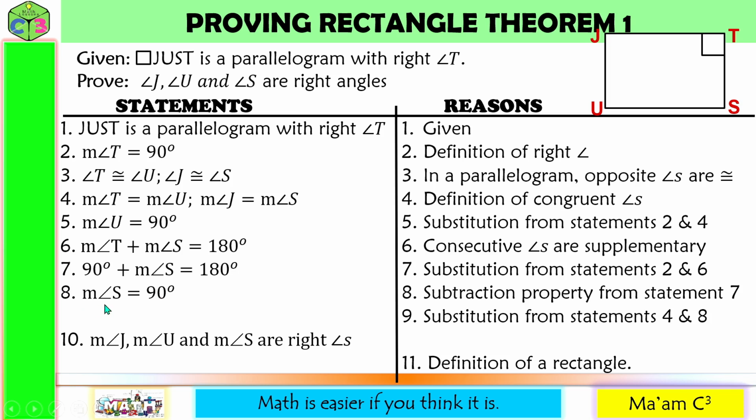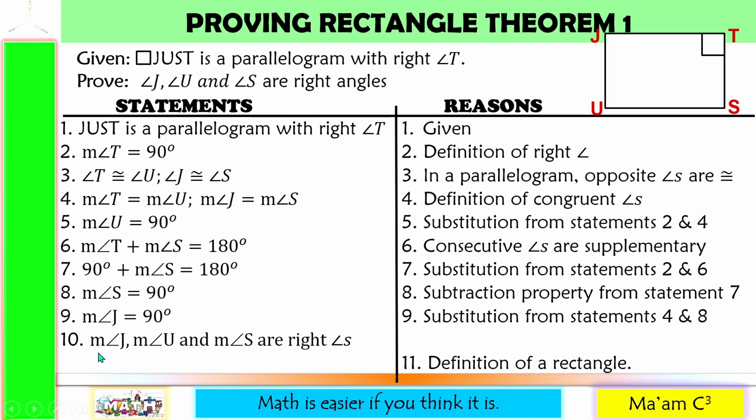Again, the measurement of angle S is 90 degrees, and it is equal to the measurement of angle J. So if angle S is 90 degrees, then the measurement of angle J is also 90 degrees.